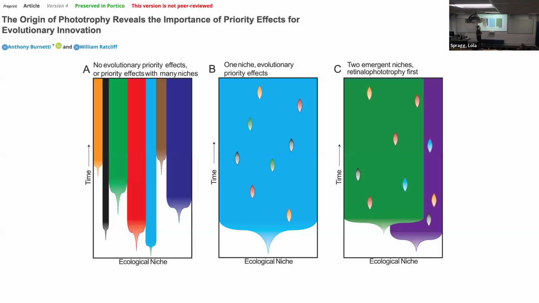Then some kind of intermediate is something here. The authors were trying to explain there are at least two independent origins of phototrophy in bacteria, retinal phototrophy and chlorophototrophy.